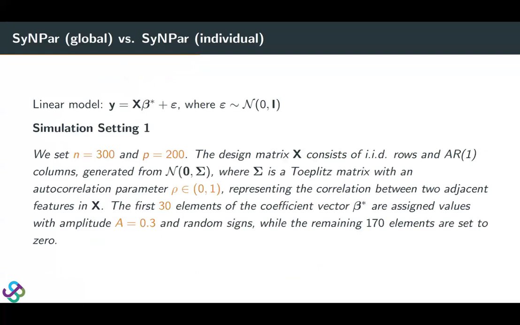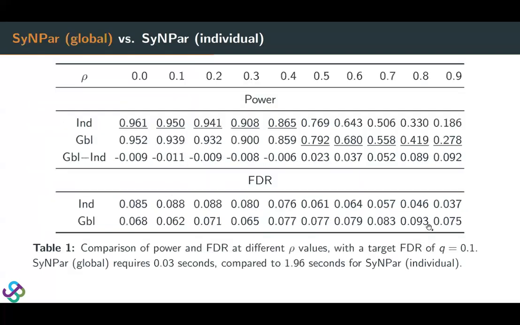First, we implement a simulation under this not so high dimensional setting. We have n as 300, p as 200, and we generate a design matrix by allowing features to have some correlations. Ignoring the technicality here, basically we have one parameter rho to control the adjacent columns' correlation in X. We set the first 30 features to have non-zero coefficients of 0.3 with random positive or negative signs, while the remaining coefficients are set to 0.